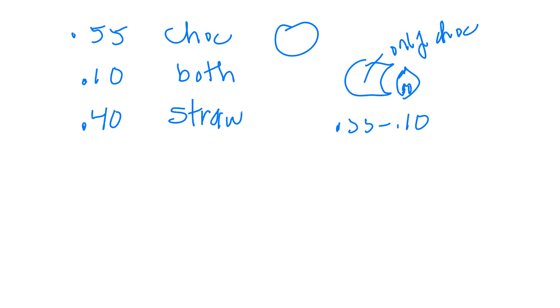Okay, so let's do a conditional probability. Let's do the probability that somebody likes strawberry given they like chocolate. So this is the probability that you like strawberry given that you like chocolate.